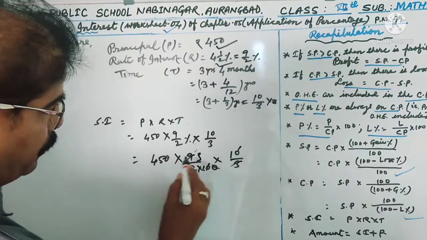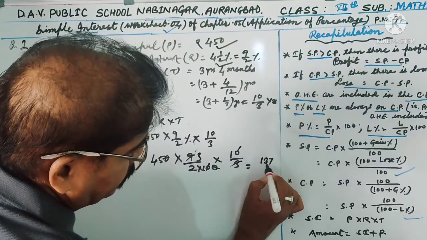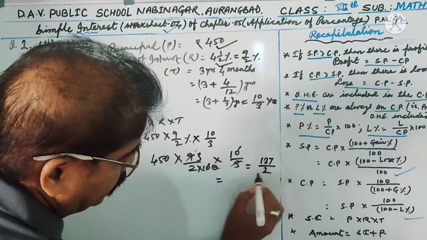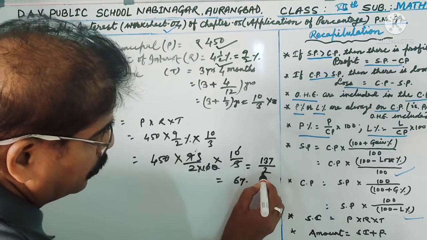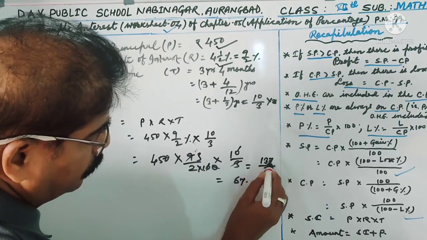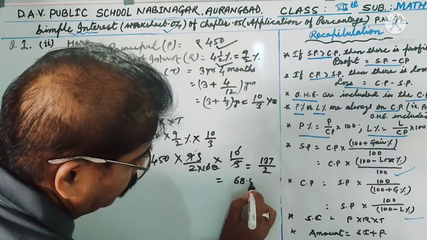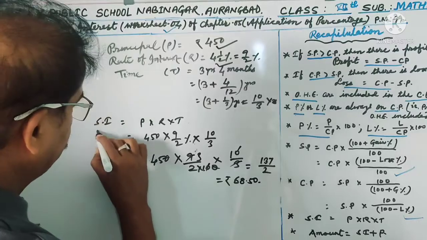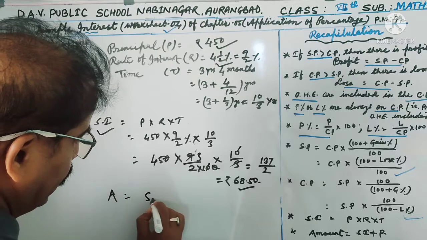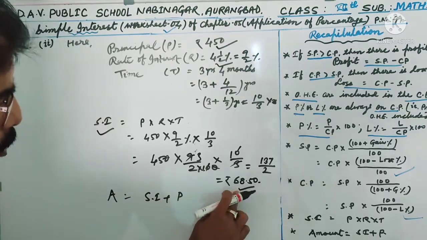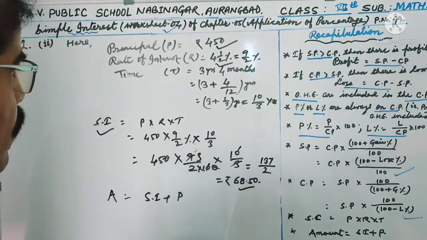So 45 threes are 137 by 2, that is 68.50. Simple interest is 68.50 and amount equals SI plus principal, so 68 plus 0.50 plus 450 is the amount.